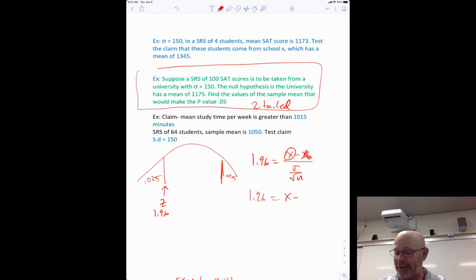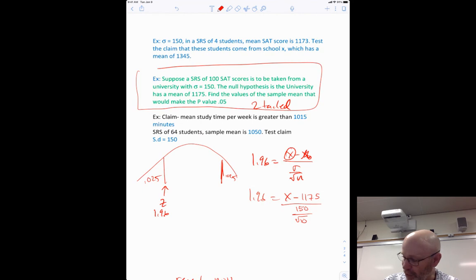So the null hypothesis was 1175. The standard deviation of the population was 150, and my sample size was 100. And now we just solve this equation. So this is a really good example of having to use the formula, because again, I'm going to show you how to do the test without a formula, and you're going to say, oh, this is great, but then you're going to forget the formula. So these are the types of questions you can get.